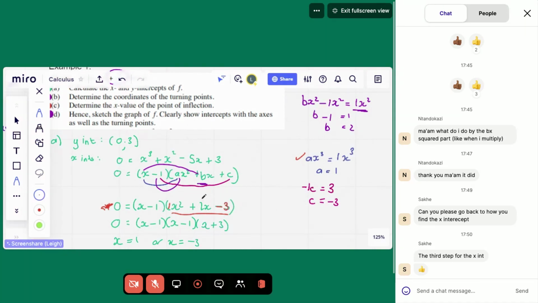All right, then what I want to do is go and work out what the middle term is, the b term, and that's the bit that I was explaining to Ntandikazi. So you get it in two ways. You've got to multiply x with bx to get bx squared, and you've got to multiply -1 with ax squared to get -1x squared. All right, and then again, by inspection, you can see in our formula, they've given us 1x squared up at the top over here.